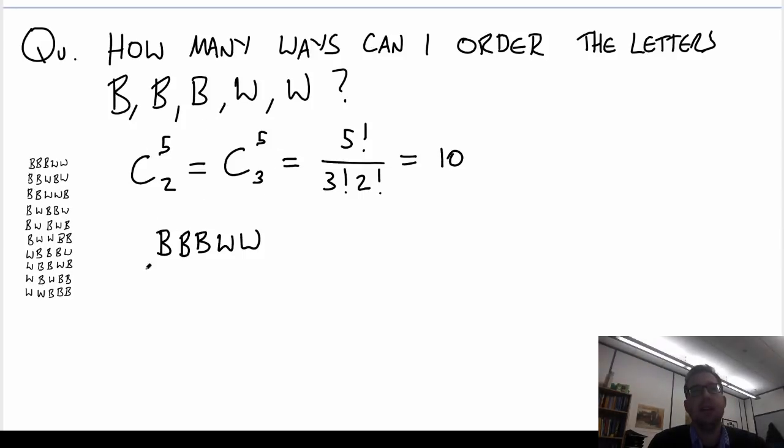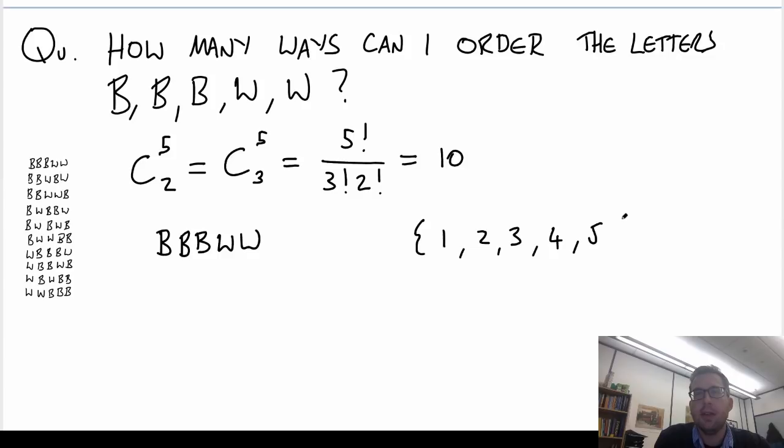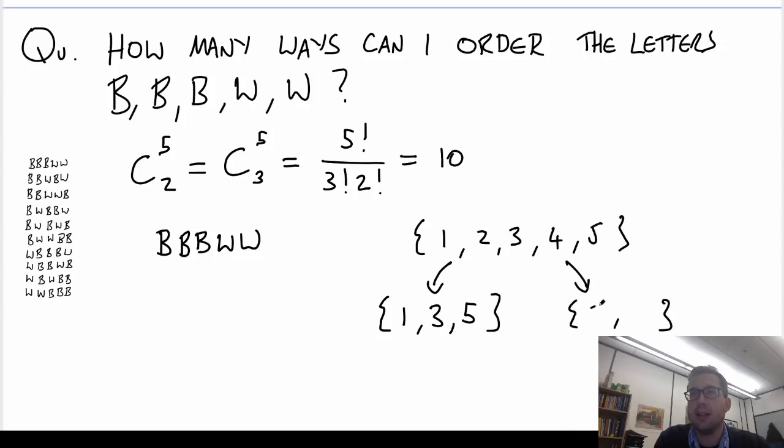That seems a little bit different to the way I introduced it in class, because in class I said you've essentially got 5 cards, 1, 2, 3, 4, 5, and when we talked about 5 choose 3, we talked about the number of ways to divide the deck. So we got 3 cards on this side, say the first card, the third card, and the 5th card, and 2 cards remaining in the deck, the 2nd and the 4th.